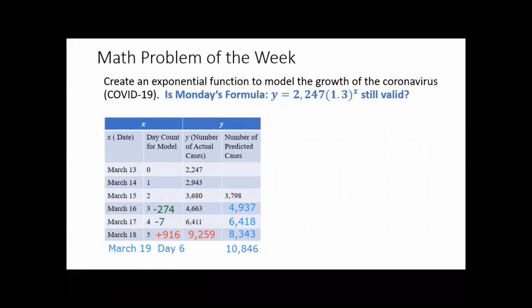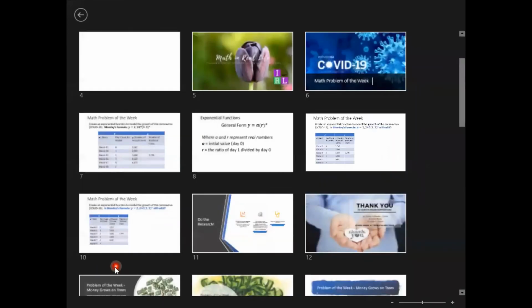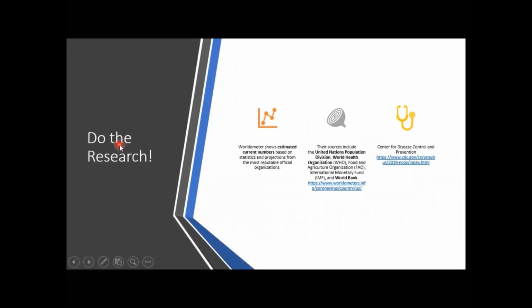So what can we do in the meantime? Let me clear all these drawings right here. And let's jump. So what can we do in the meantime? We already answered the question. Not only do we want to do the research, but we want to go ahead and check out the CDC, see what the recommendations are, right?